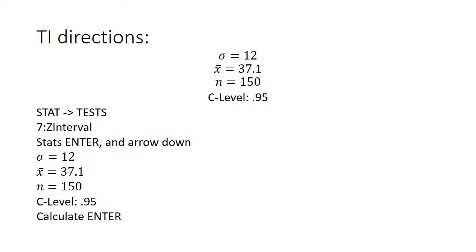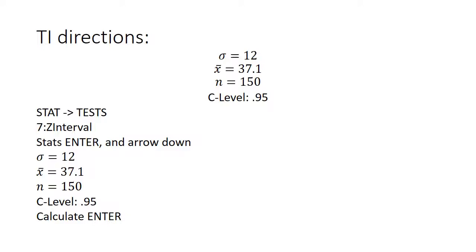A couple slides down, there's a video that shows you the calculator emulator, exactly how to do this, but here's just a quick and dirty. Stat button, arrow over to tests. This is a normal distribution. We have the population standard deviation, so go to 7, z interval. We are going to use the stats that are given, so arrow over to stats.